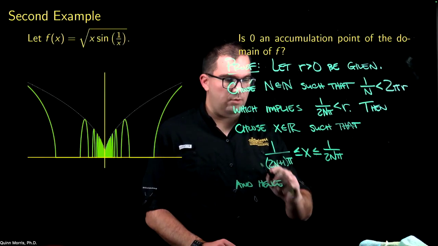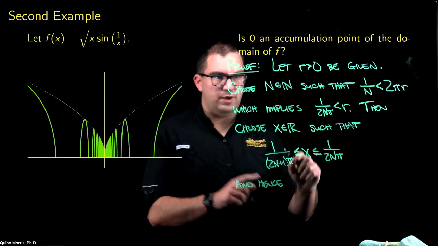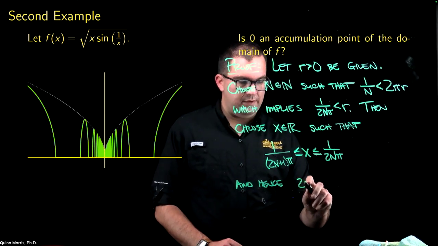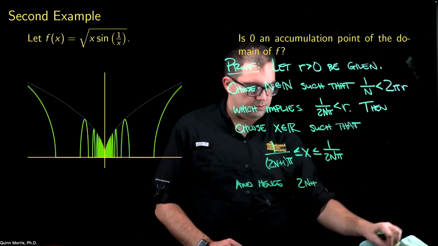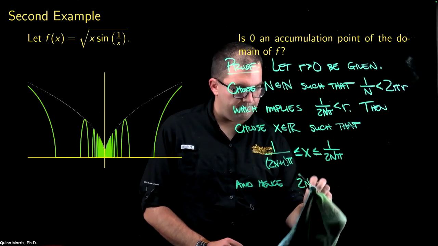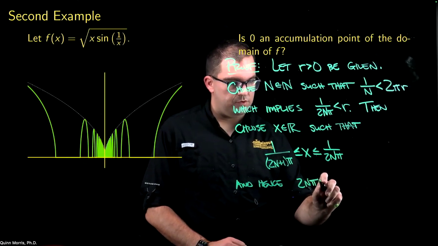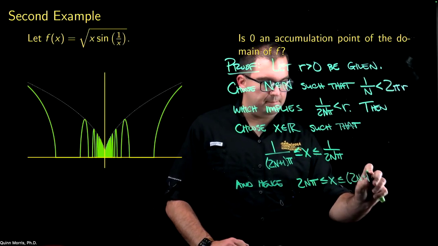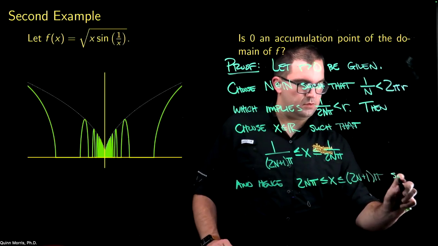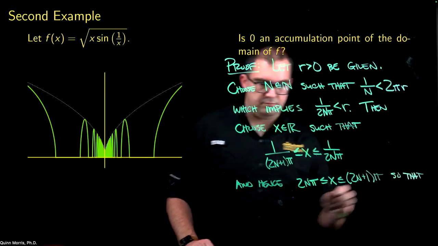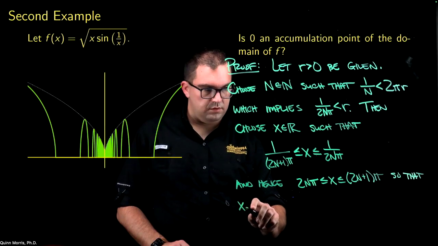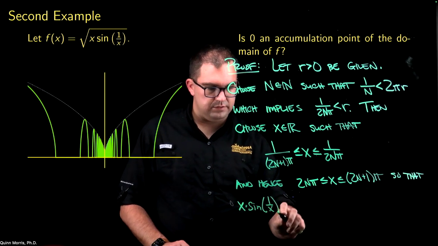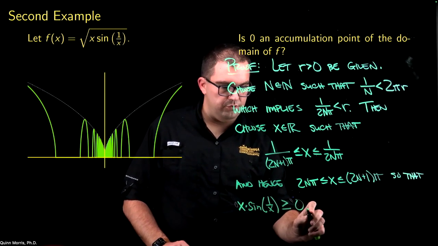And hence, what does that tell me? If I chose x in this way, sort of undoing the work I did before, then 1 over x will be between 2N pi and (2N plus 1) pi, so that x times sine of 1 over x is greater than or equal to 0.